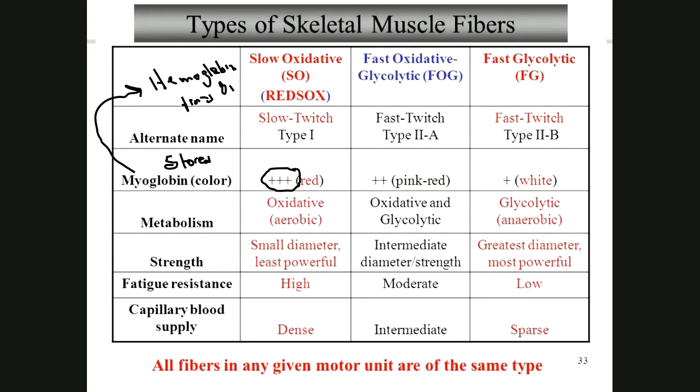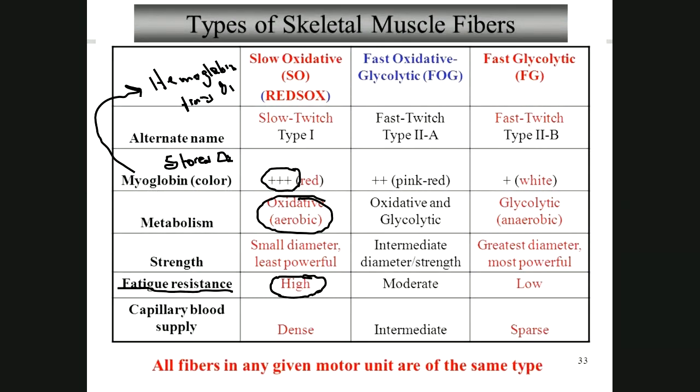So if you have a lot of oxygen stored, you don't need to carry as much to the cell. And if you have a lot of oxygen, then you can do aerobic respiration. And if you do aerobic, you're going to get a lot of ATP. And if you have a lot of ATP, it's going to take a long time for you to get fatigued. So they have a high resistance to fatigue.